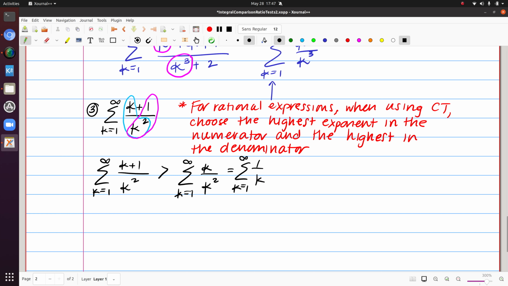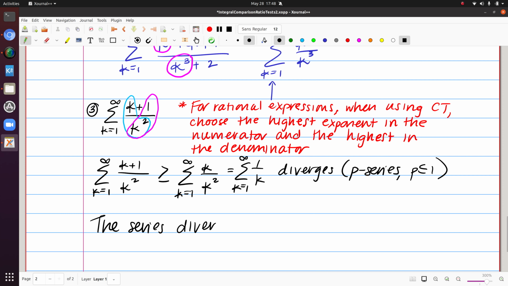Our series is larger because our numerator was larger, and we know that this series we're comparing to diverges. Again, it's a p-series with the p-value less than or equal to 1. So now we've bounded our series below by something known to diverge, so the series we started with must also diverge. And again, I want to justify that by saying that this is through using the comparison test.